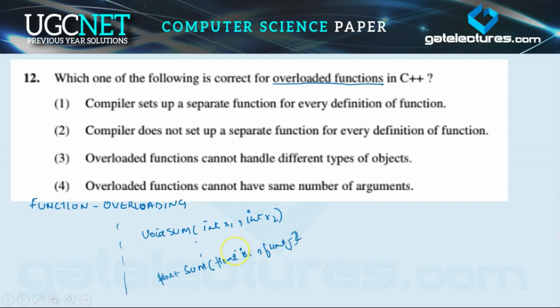So this is function overloading because the name of the function is the same, but here the arguments are integer types, and in this one, float type arguments are given.